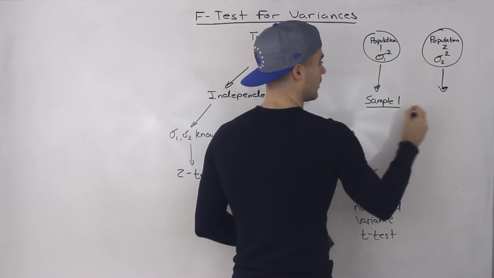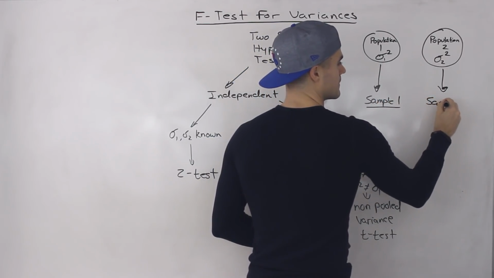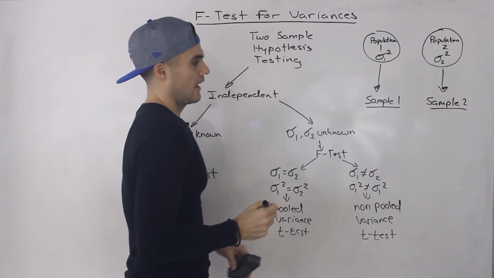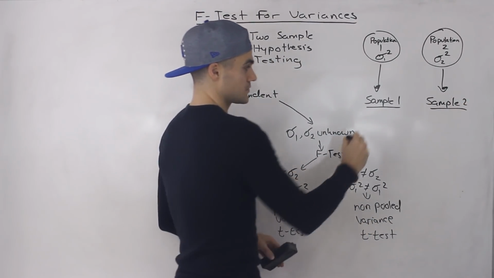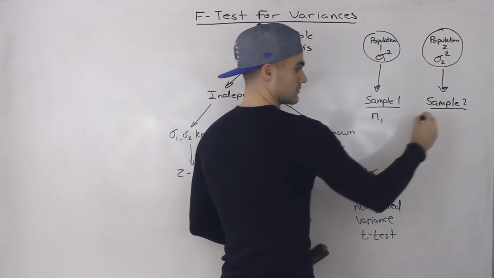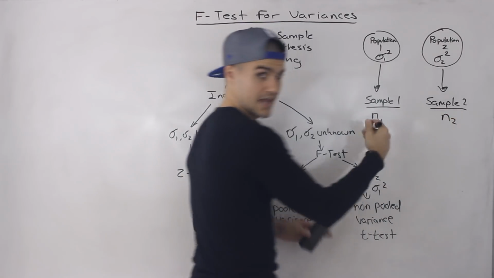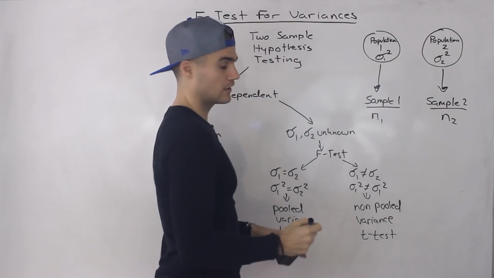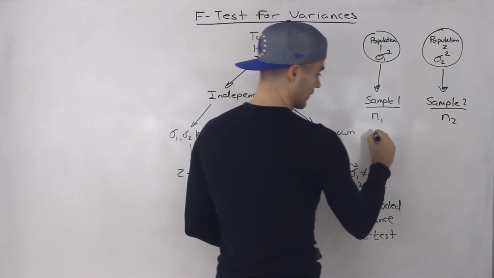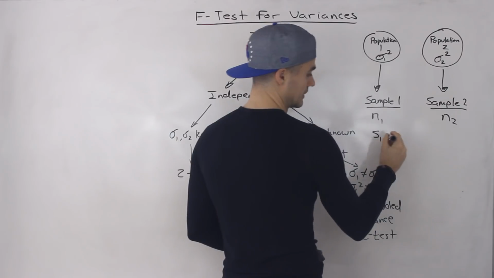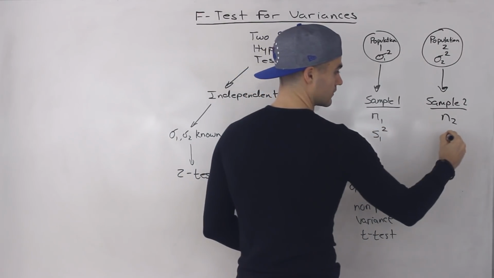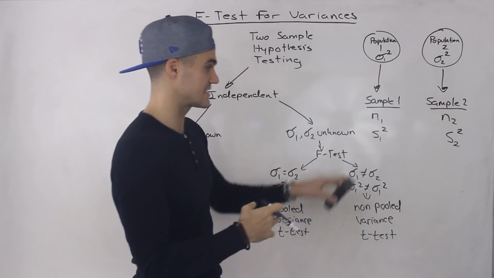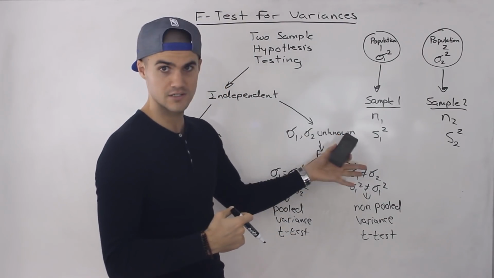So this would be sample 1, and then this would be sample 2. And what we do is we take a certain amount, right? We sample a certain amount of items from both populations, and we figure out what their sample variances would be. So this would be like S1 squared or S2 squared. S1 by itself would be the sample standard deviation.